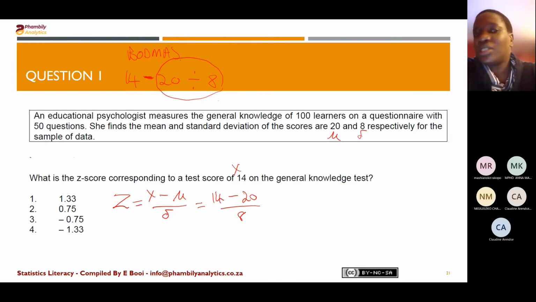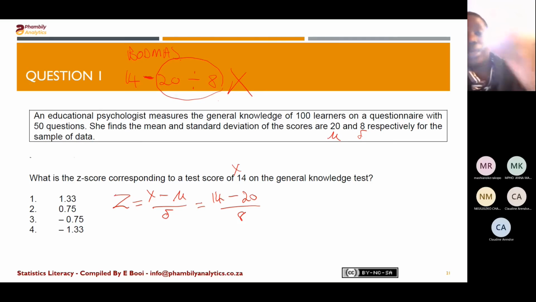It will take 20 and divide it by 8 and find the answer. It will say 20 divided by 8 equals 2.5, and say 14 minus 2.5. That's what you will get. And that will be incorrect.